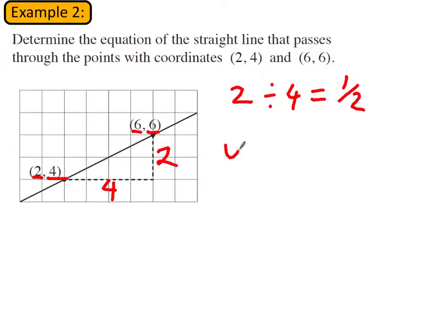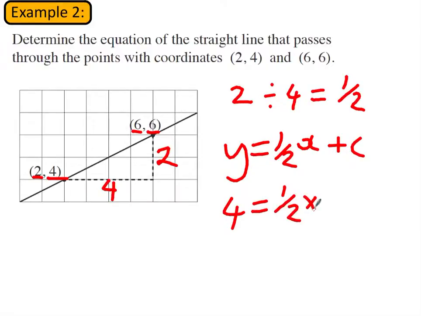So we've got the equation y equals a half x plus c. And then we're going to input one of these coordinate points. It doesn't matter which one. We'll use the one with the easier numbers, 2 and 4. So when y is 4, x is 2. So this must be true. We can use this fact to determine c.